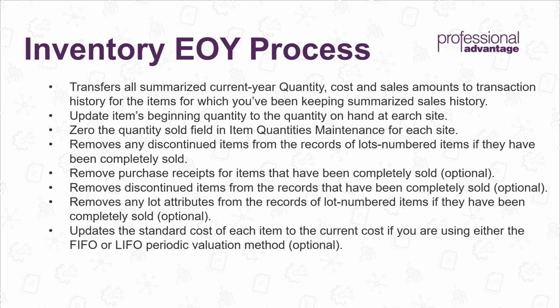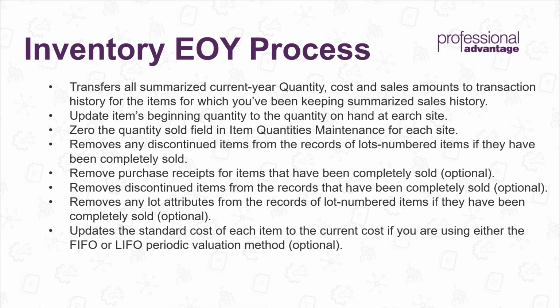So for the inventory module, the end of year process transfers or summarizes the current year quantity, cost, and sales amount to transaction history for items for which you've been keeping summarized sales history. What that means is the end of year process, from a background database perspective, is shuffling data from an open table into history as part of the process.